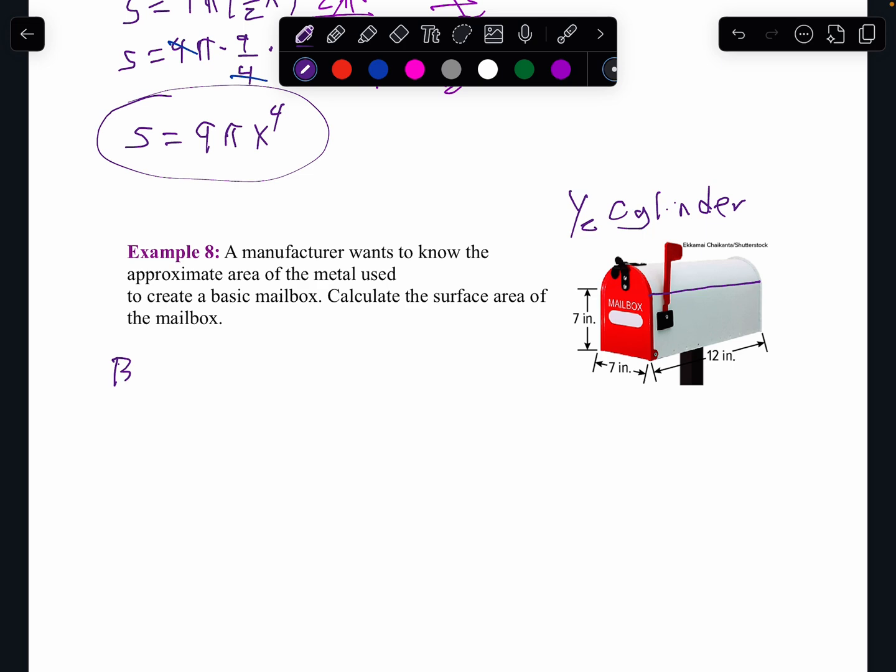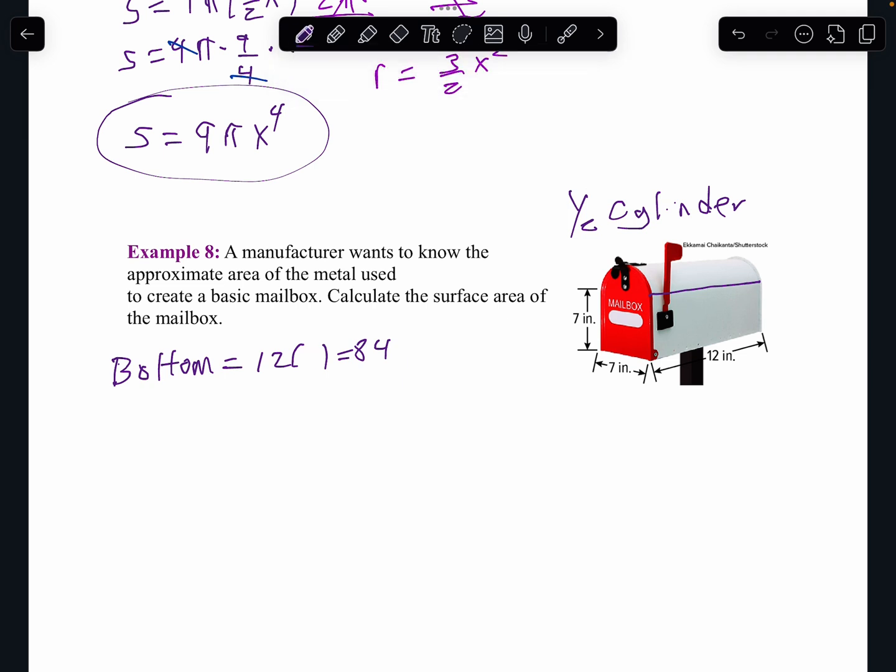I know the area of the bottom of my prism is going to be 12 times 7, or 84. Now my front and back, they're going to be the same, aren't they? That will be 7 times 7. I've actually got a square here, don't I?